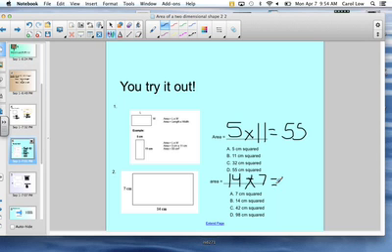Give you a minute to think about it. 7 times 4 is 28. So we put the 8 down, carry the 2. 7 times 1 is 7, plus 2 is 9. So it's 98 centimeters squared.